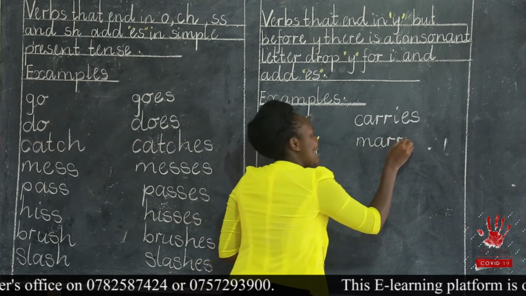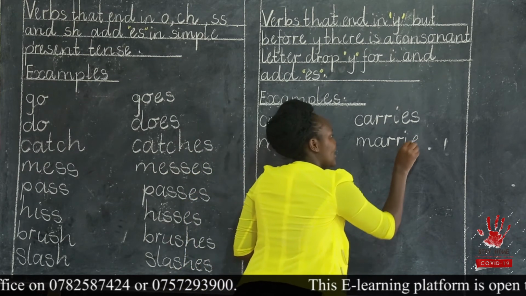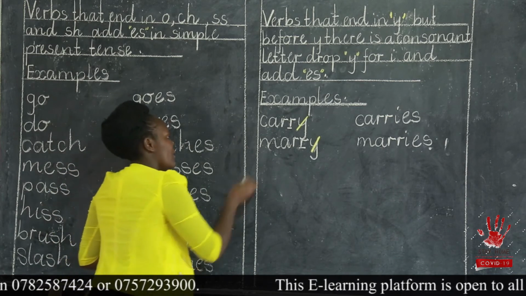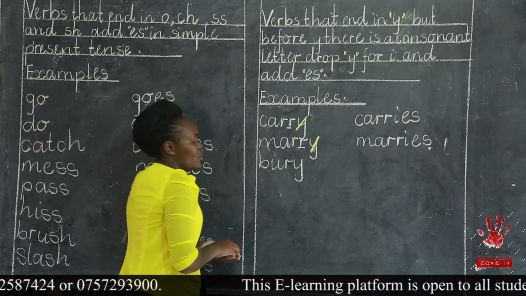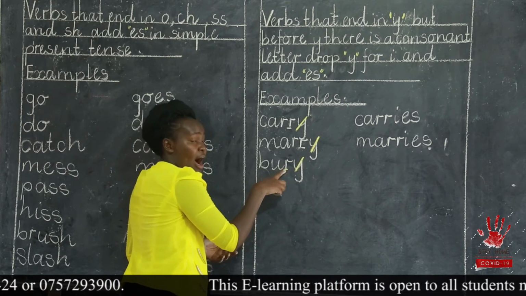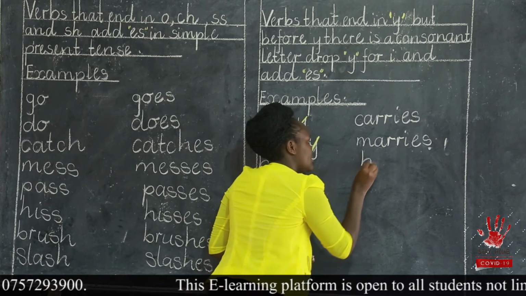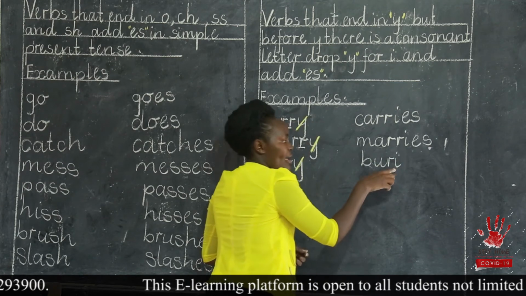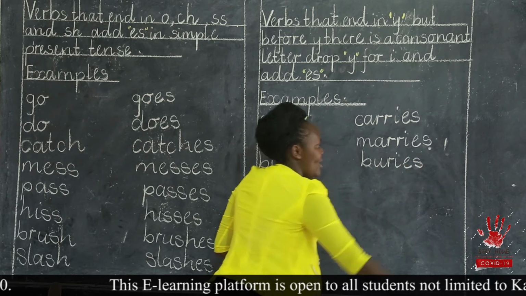Letter I will come in to take up the place of Y, and then we shall add ES to come up with marries. We have the word bury. We shall drop Y because we have letter R, which is before Y. The simple remains the same. We shall have I in the place of Y before we add ES.